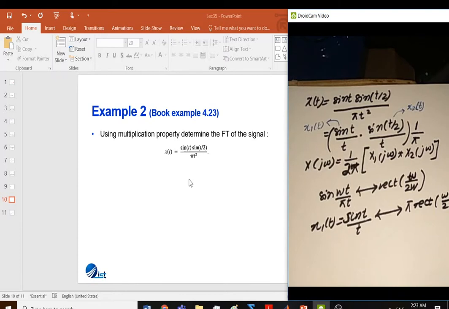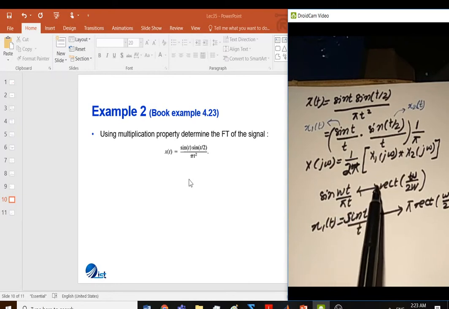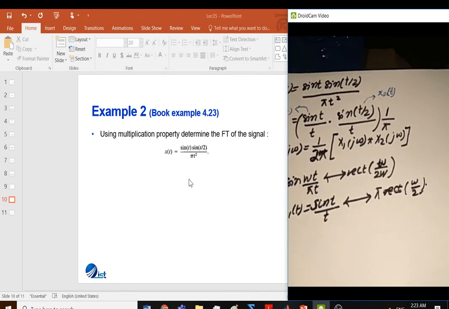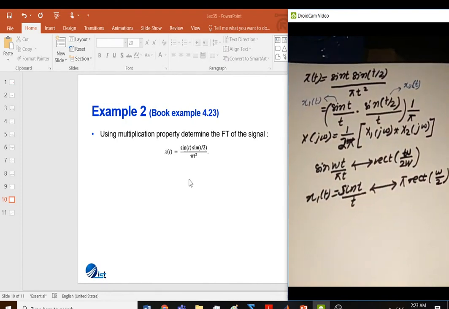Now I have taken this pi from the left, because this pi is a scalar multiplier, division from the left side and multiplied it on the right side. Because the Fourier transform is a linear operation, scalars multiplied on either side are equal.